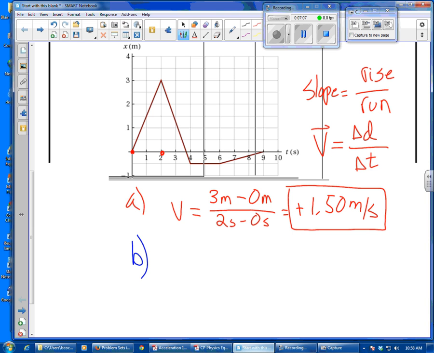So the next time interval they ask us for is from 2 seconds to 4 seconds, right? So we're doing the same thing. V equals, now my final position to me looks like negative 0.5. So negative 0.5 meters. My starting position was 3 meters. My ending time is 4 seconds. My beginning time is 2 seconds.